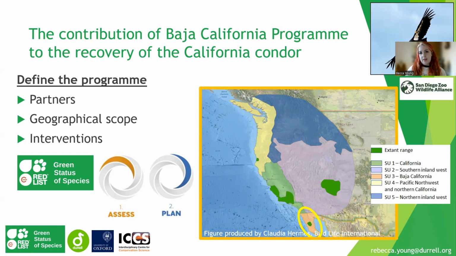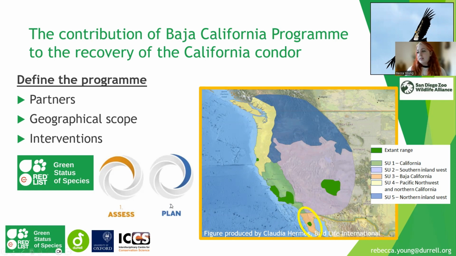Something else that is very useful here is to consider the spatial units. If we already have a green status assessment produced when people are planning their programs, then these spatial units could be really useful considerations, because the range of the species has already been divided up into conservation important units and areas where we expect to see a change in species recovery.